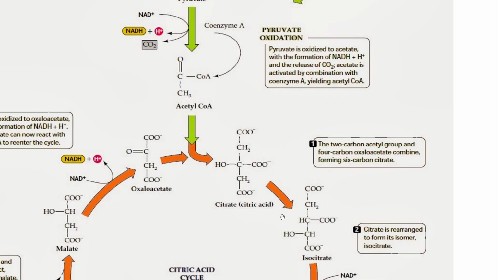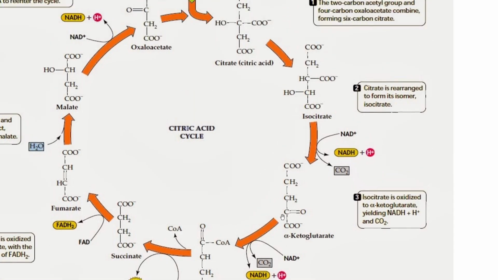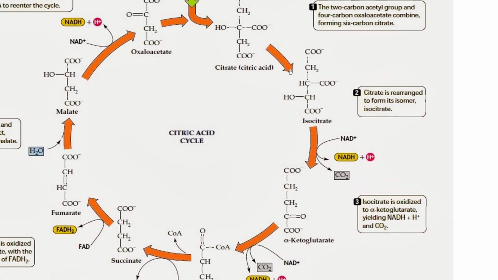Okay. And then the 6-carbon citric acid molecule, or citrate, isomerizes to isocitrate. Isocitrate is also a 6-carbon molecule. This gets converted to alpha ketoglutarate, which is a 5-carbon molecule, and this conversion releases one molecule of CO2 and NADH.